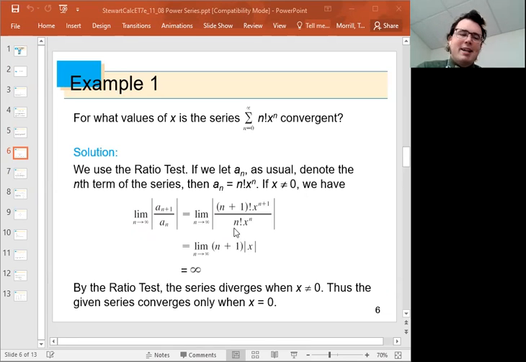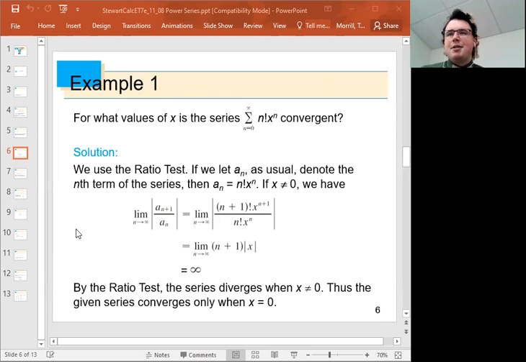I know lots of tests for convergence of a series. So let's take a look at a series whose coefficients are n factorial. So the coefficient of x to the power n will be n factorial. And if I want to check this for convergence, I'm just going to run, say, the ratio test.